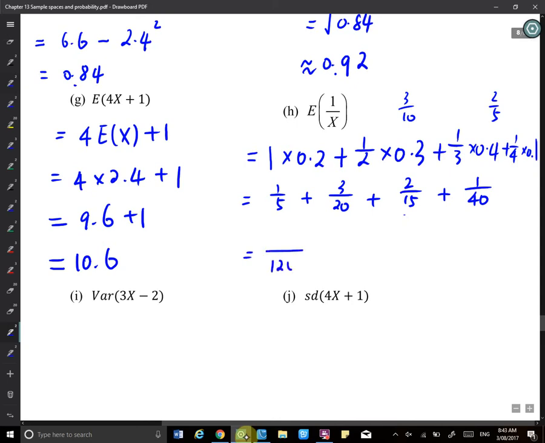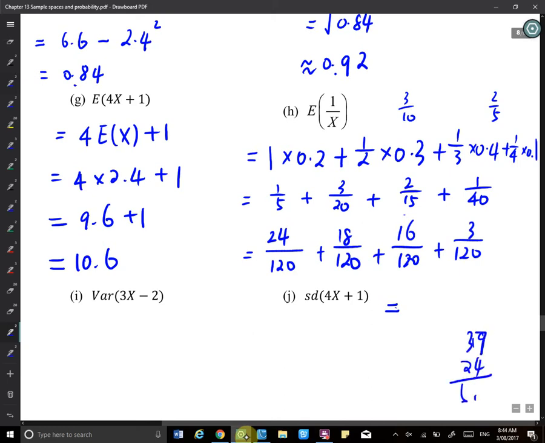I'll multiply each numerator accordingly, and you just add all of them up. 19 plus 18, 36, 37, 37 plus 24, which is 61. So it's 61 on 120.